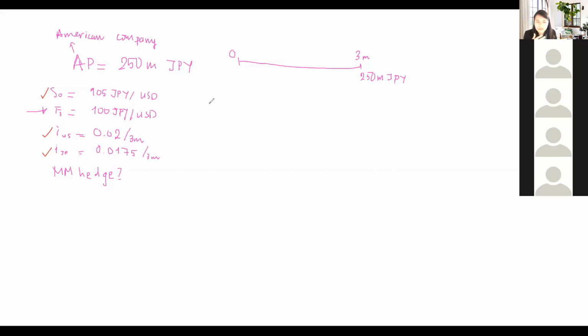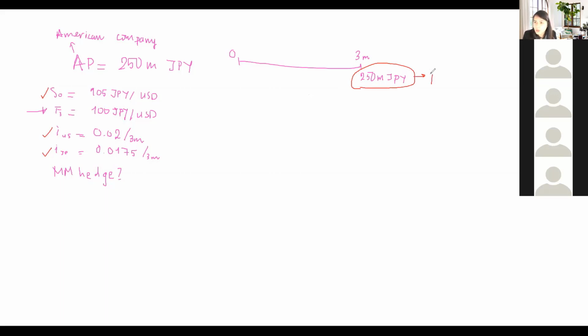But in other semesters when we don't have an open exam, this is how I normally think about the problem. So in this problem, when we have an account payable, this is when we expect to pay the foreign currency in the future.